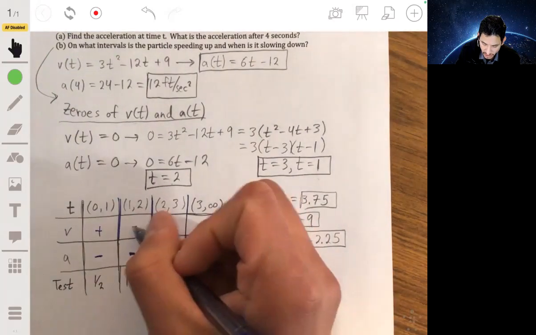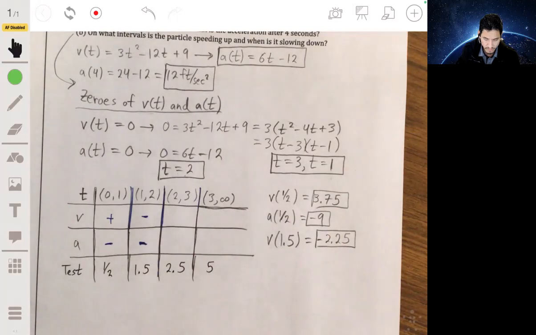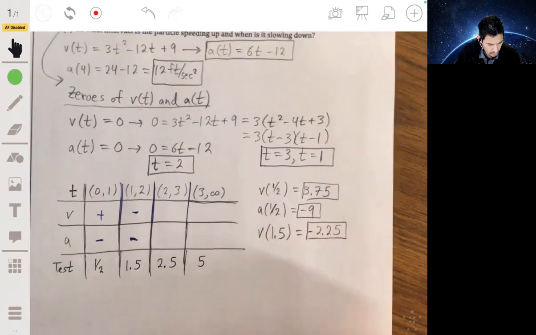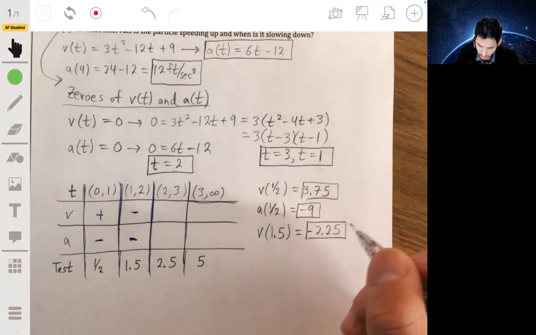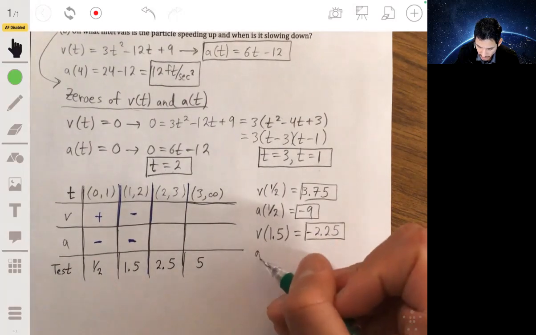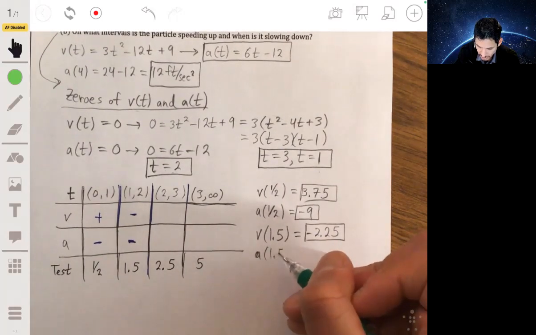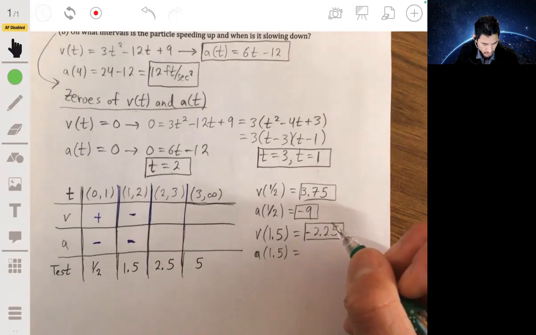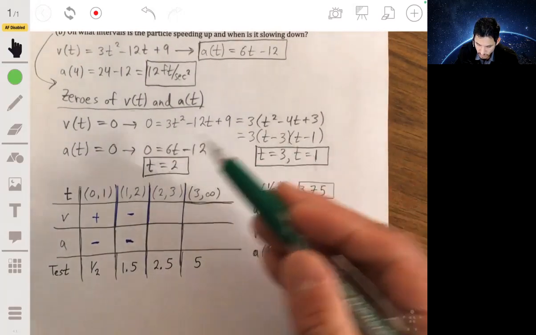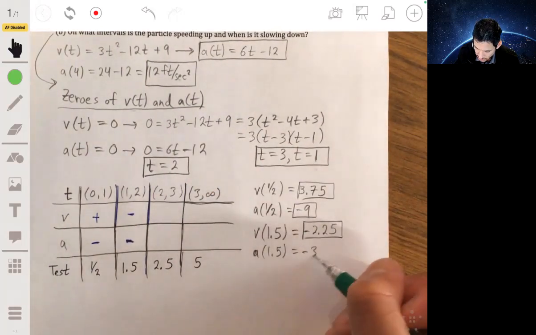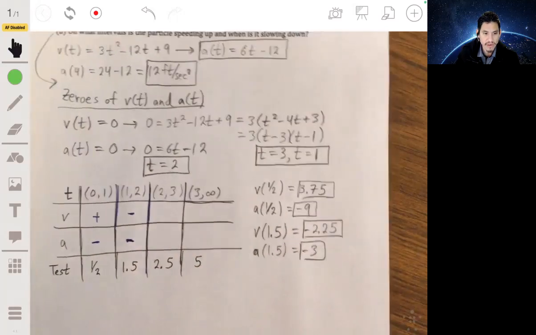So you get a negative value for the velocity. If you take a of 1.5 in the acceleration equation, you're going to get -3. So yes, you get a negative value.